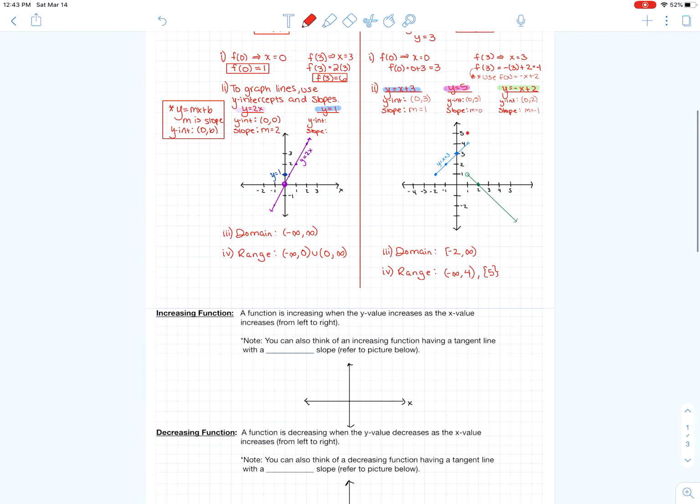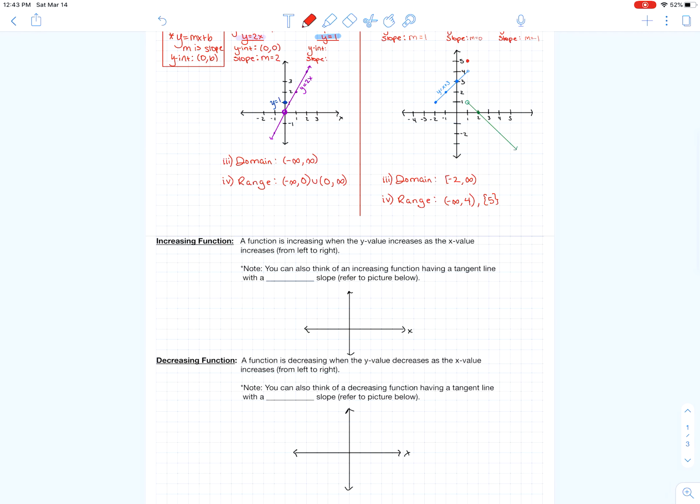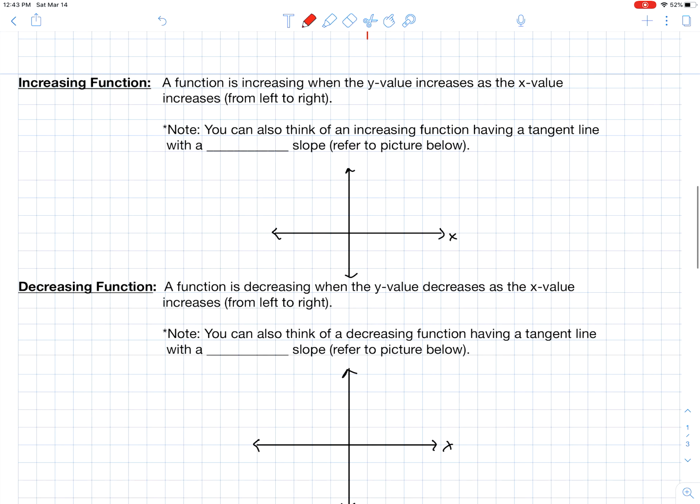For the next part, I'm not going to do an example because we've already done these in section 1.3 where we did increasing, decreasing functions. But just a little reminder, if a function is increasing, then that means the slope of the function is what? If you said positive, you are correct.